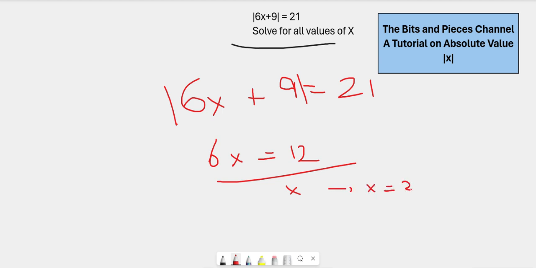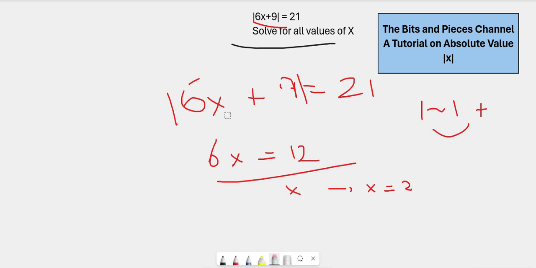But something seems a little bit off, because when there's an absolute value, that means that whatever was in these bars, right, whatever was the equation right here, that could have either been positive or negative, right? Because every time you put something into absolute value, it always comes out as a positive.